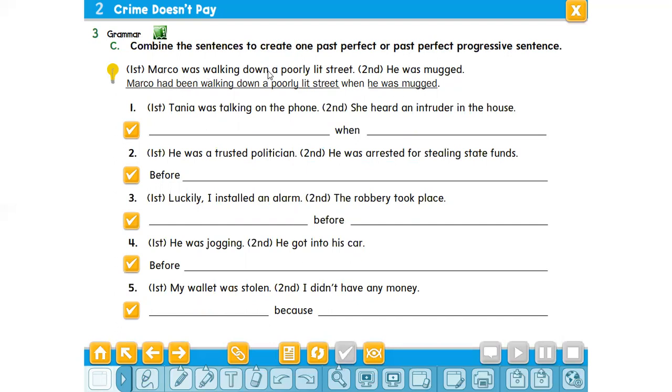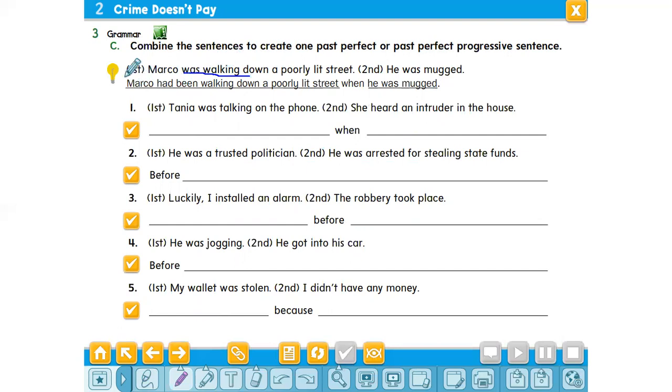Marco was walking down a poorly lit street. This is the first action. The second action is he was mugged. Okay? At first, we should determine or underline the main verb here, was walking, past progressive.